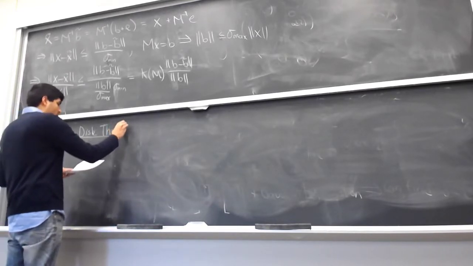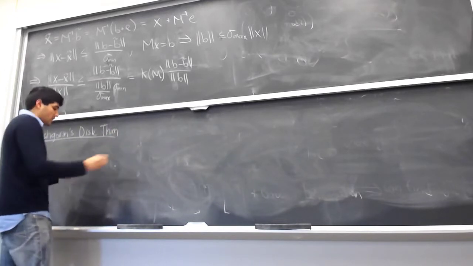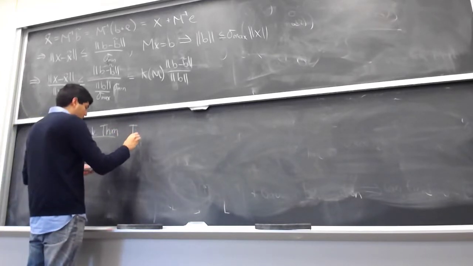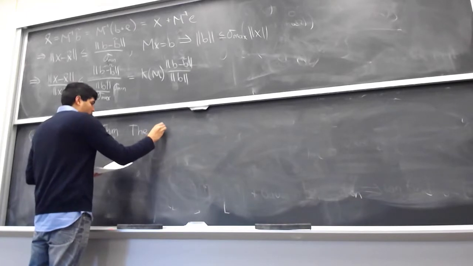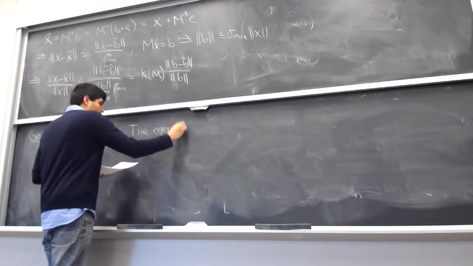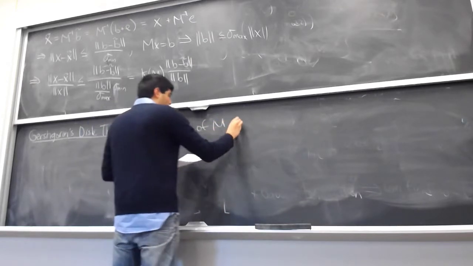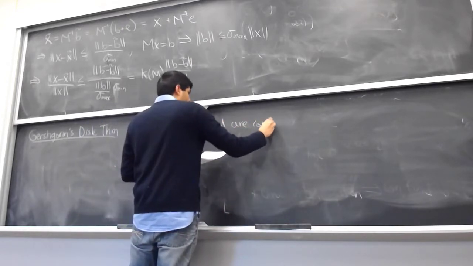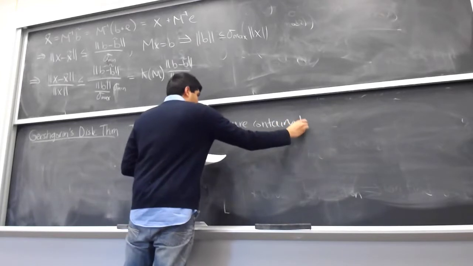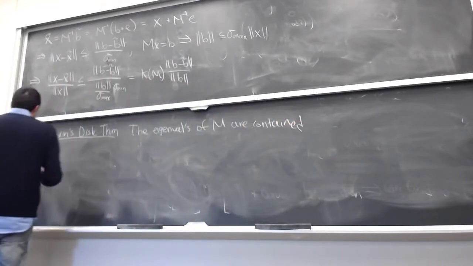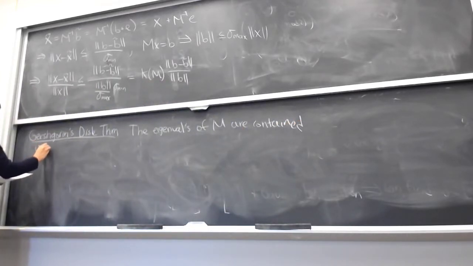So let's say we have some matrix M that we're interested in. The main result is that the eigenvalues of some matrix M are all contained in the following collection of objects, this union of disks.